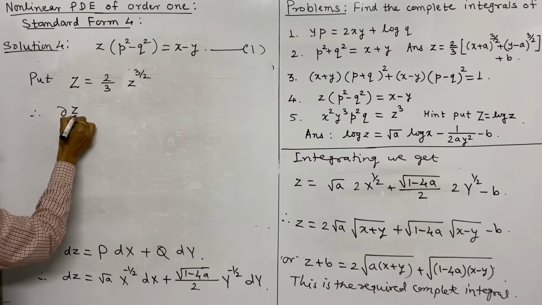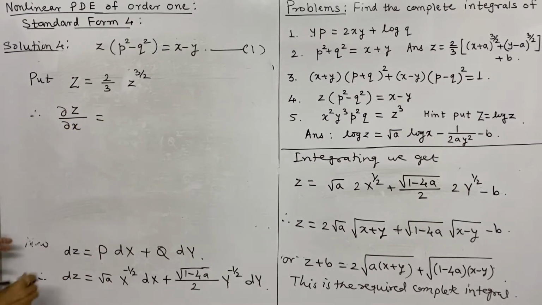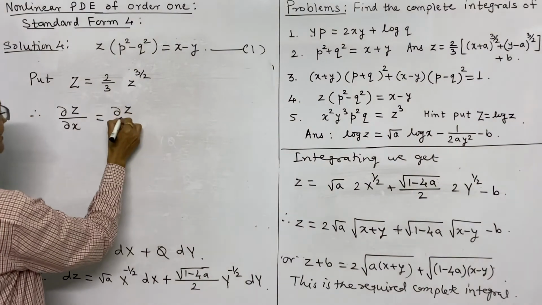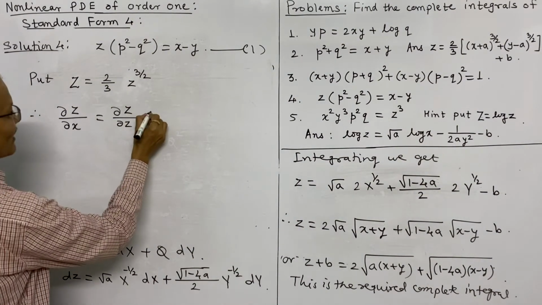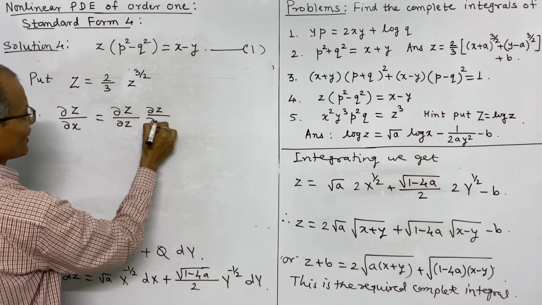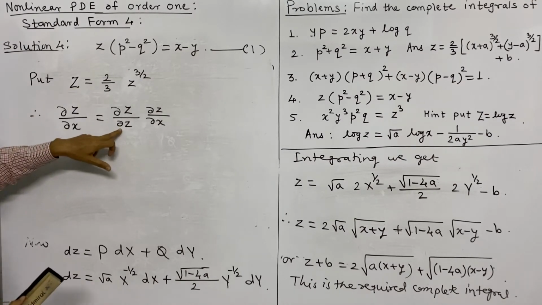capital Z with respect to x is to be expressed as, this capital Z is a function of small z, and then the derivative of small z with respect to x, partial derivative. So using the chain rule, what is dou Z by dou z here?